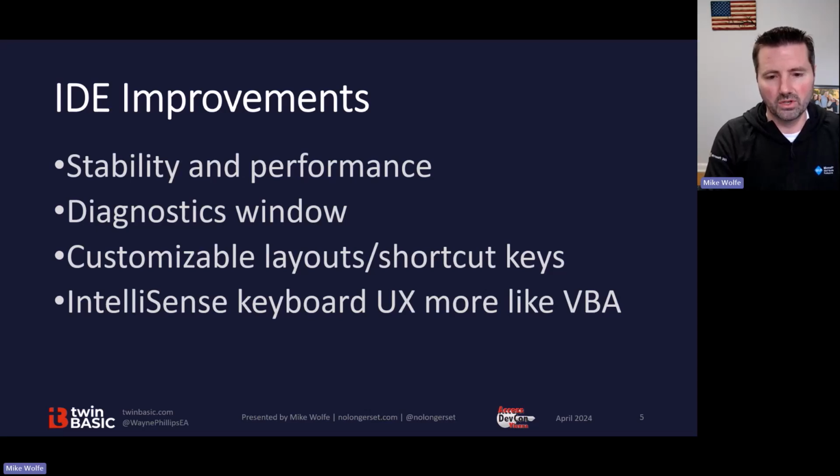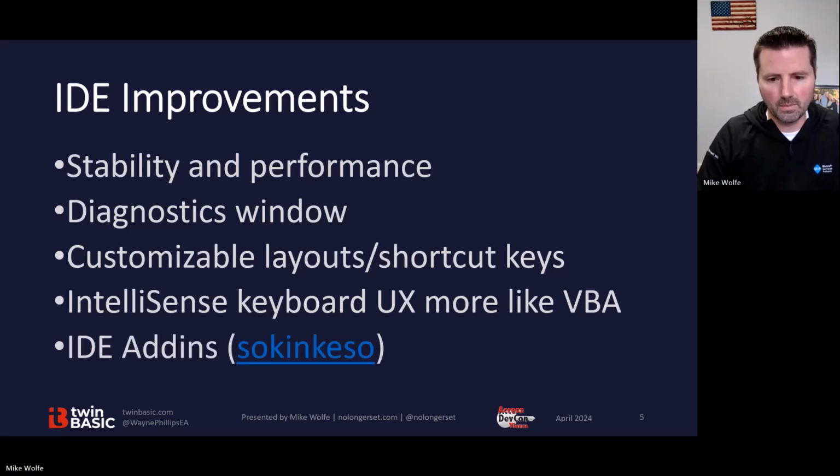And so all of those, Ctrl+Space and Tab to complete IntelliSense autocomplete options, that was all just a little bit different. And again, it was hard to put my finger on exactly what it was, but that all seems to have been worked out and ironed out. And moving from developing in VBA to developing in twinBASIC feels much more natural now than it did a year ago.